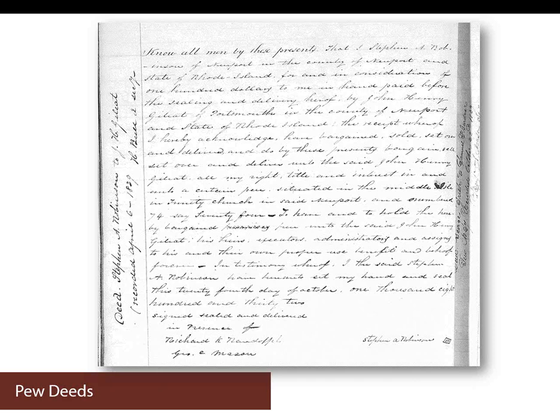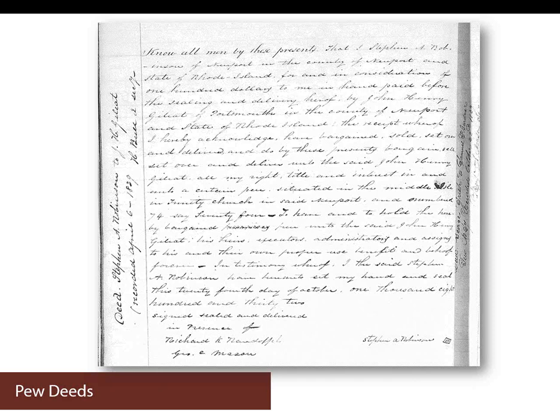And the person is selling this pew, which is situated in the middle aisle of Trinity Church, numbered 74. And he's getting $100 for the pew. So that's a lot of money for a little place to sit.